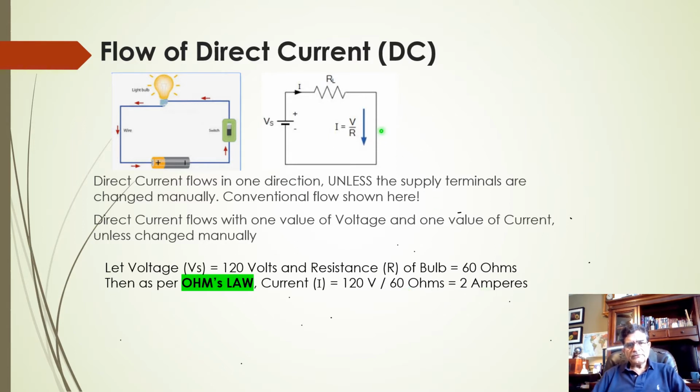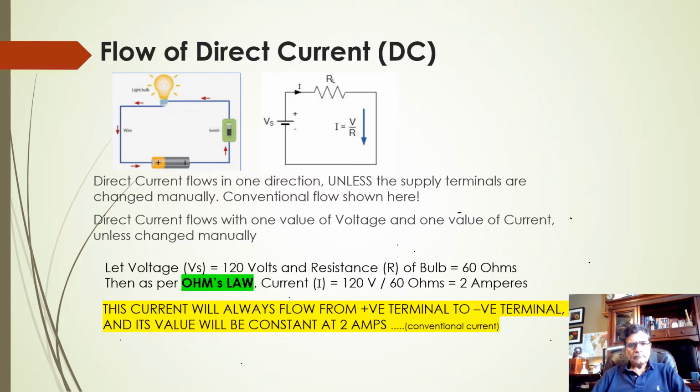So this current will remain 2 amperes unless we change the resistance or the supply voltage. As I said earlier, the current will always flow from positive to negative, and its value will always be constant at 2 amperes, assuming a conventional current.